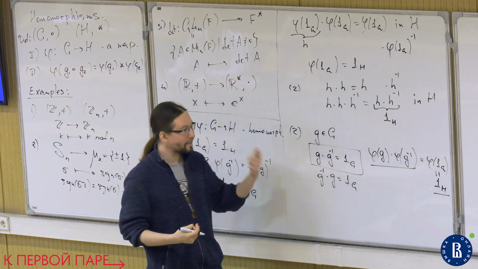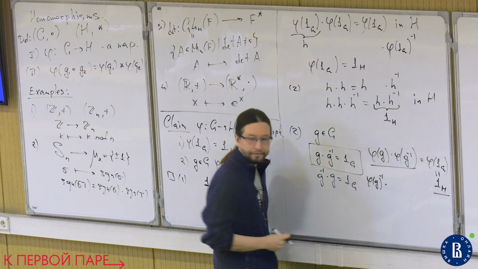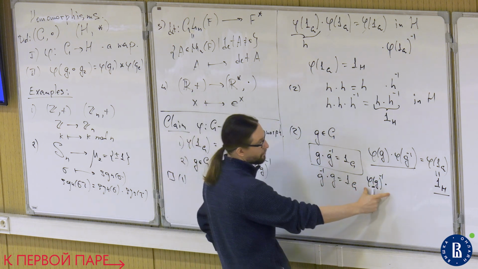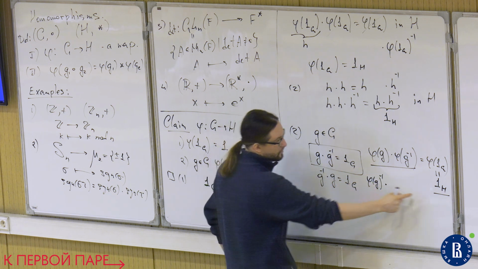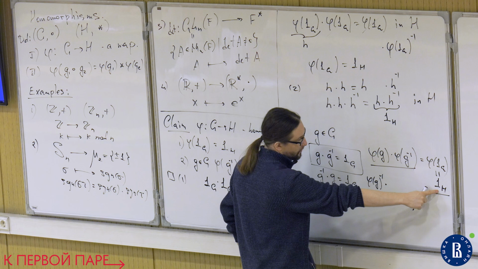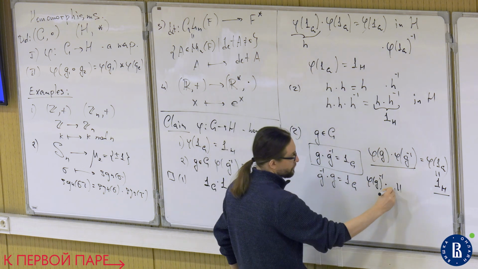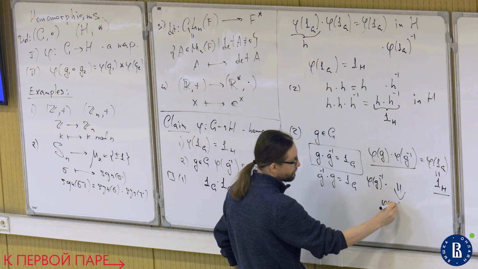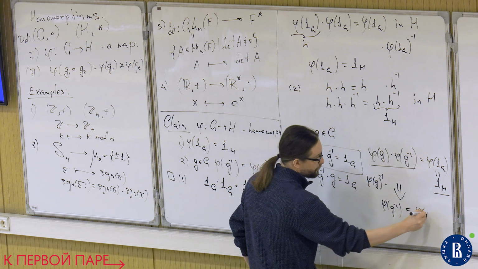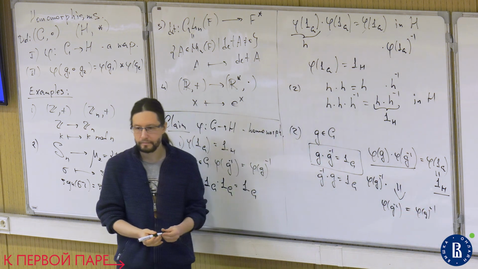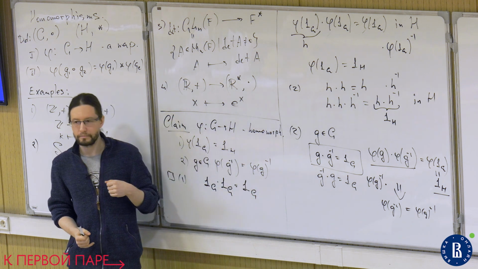And now let's multiply by phi of g inverse on the left. When we multiply by this, we cancel this element, but when we multiply this by the element 1 on the right, we will get phi of g inverse itself. So the result will be phi of g inverse inside the parenthesis is equal to phi of g inverse outside. And this is how we prove the second part.